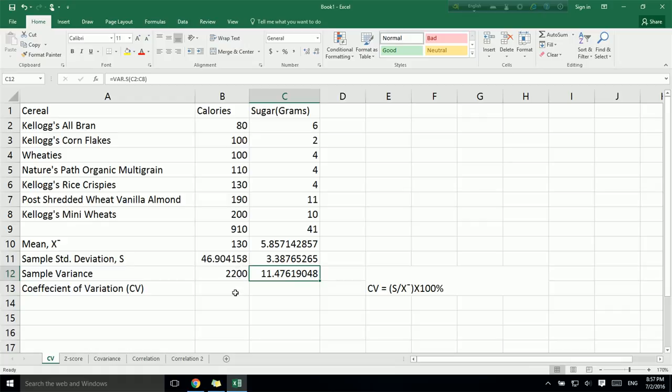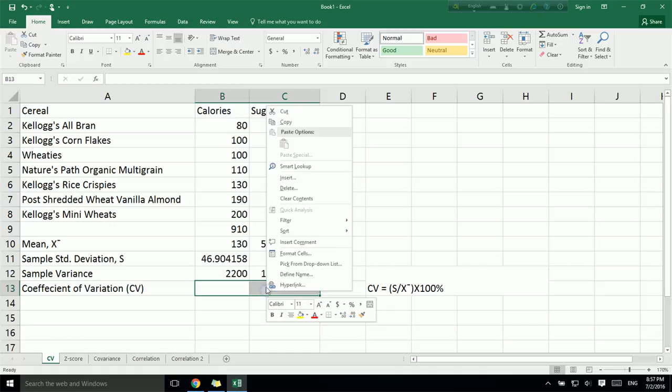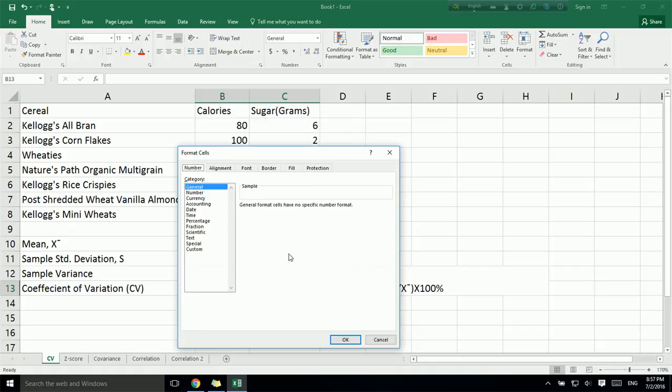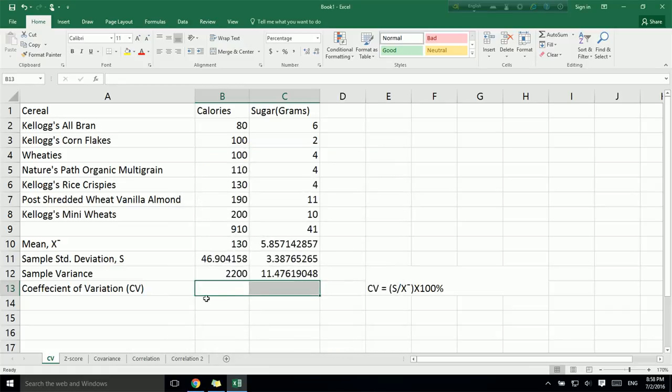So let's see what the coefficient of variation is. To get the coefficient of variation, first of all, I'm going to take a shortcut and format cells. I'm going to select percentage and 2 decimal places, and select OK, so that I don't have to multiply by 100% anymore.